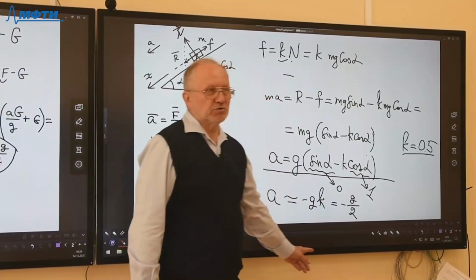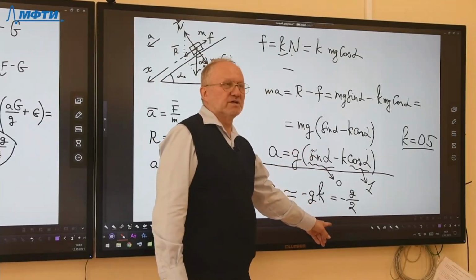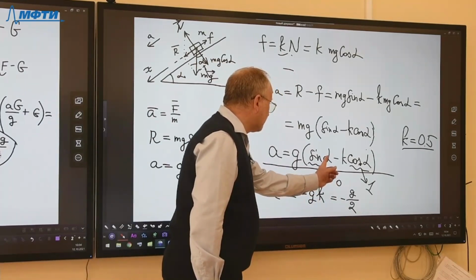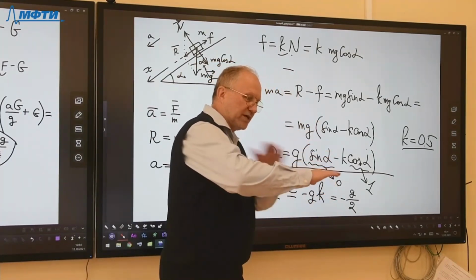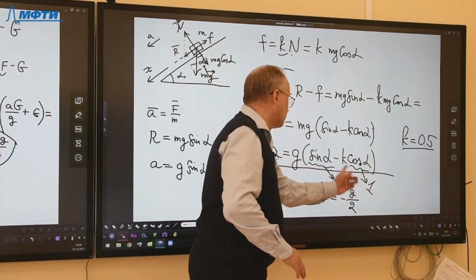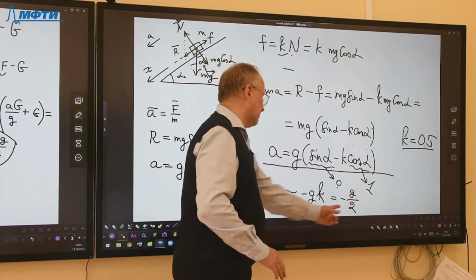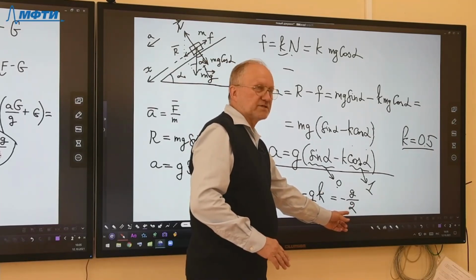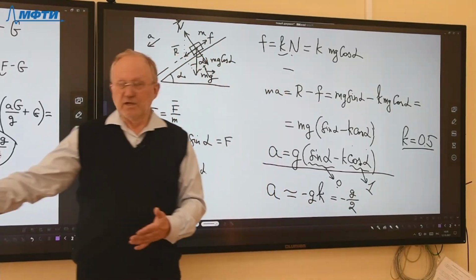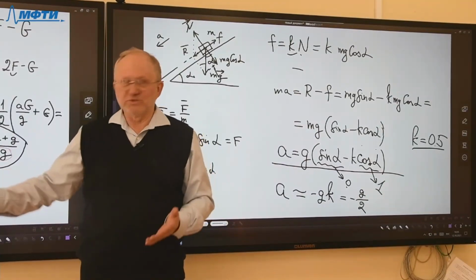Why is that so? Why is there such a contradiction between the predictions of the formula and the observations? The formula predicts that if alpha goes to 0, if the slope is very small and the surface is almost horizontal, then the first term vanishes and the second term turns simply to k times unity. So the acceleration should be this one. But this is an absurd result, because we don't observe any acceleration when the body is at rest on a horizontal surface, or a surface which is almost horizontal.